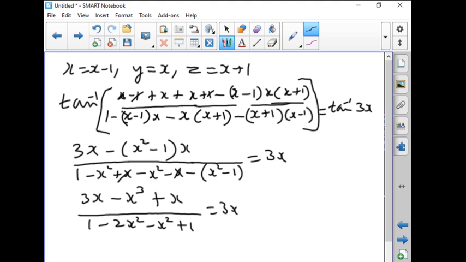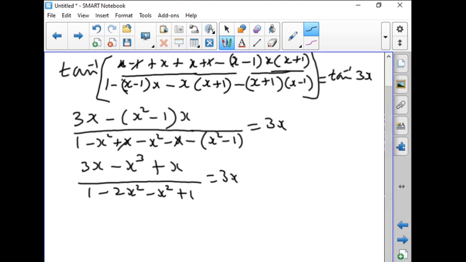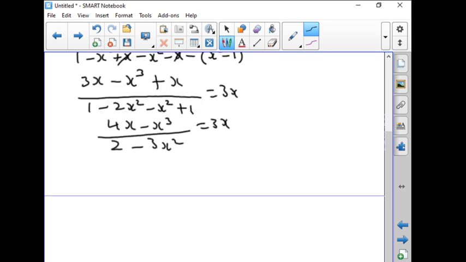Further simplifying, we get (4x minus x cube) by (2 minus 3x square) equal to 3x. Cross multiply: 4x minus x cube is equal to 3x into (2 minus 3x square).